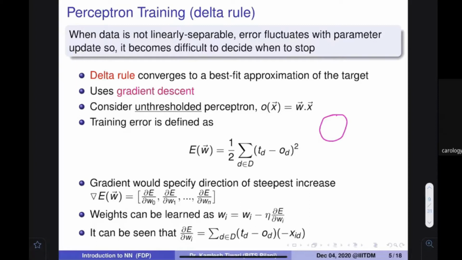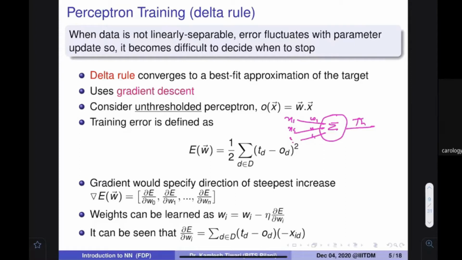Everybody understands what the perceptron is? There are x1, x2, x3 and so on, and there are weights W1, W2, W3. So I find the multiplication of these weights and the summation. Is it clear? And then I apply a threshold. This is what we have done in the previous lesson.